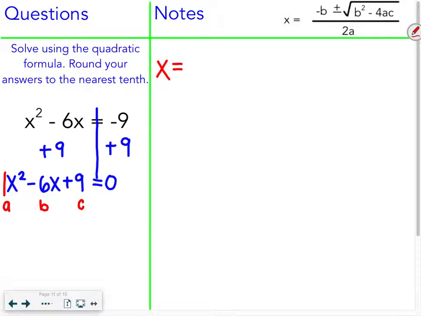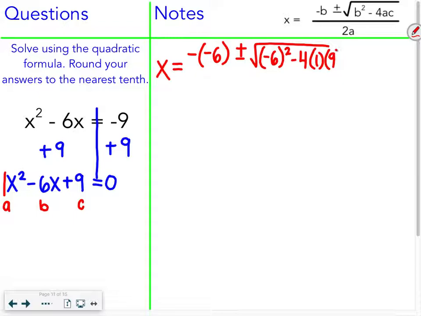X equals negative b, so minus a negative 6, plus or minus the square root of b squared, so negative 6 squared, minus 4ac, so times 1 times 9, all over 2a, or 2 times 1.